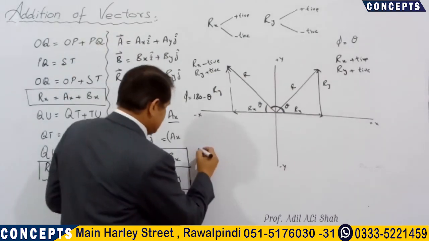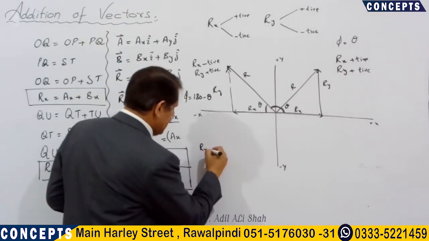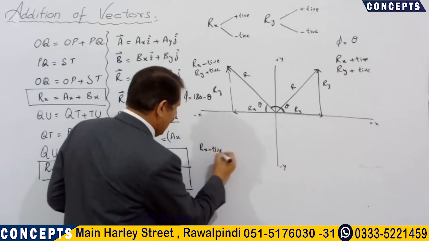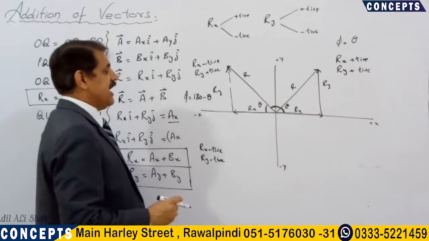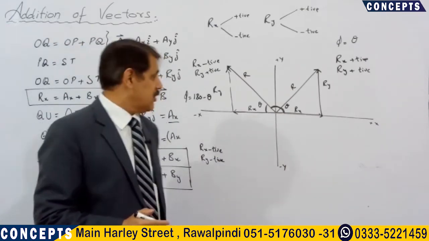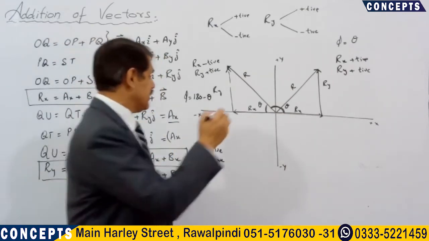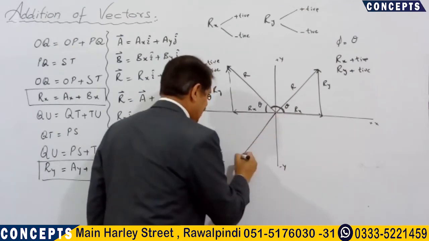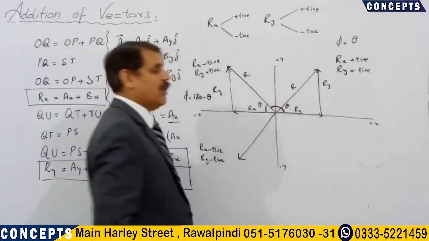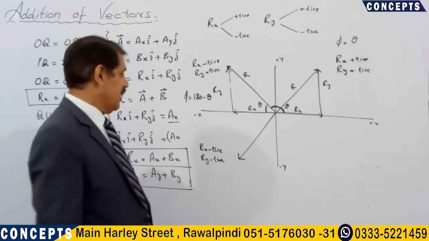If the situation is like this, Rx is negative and Ry is also negative, it means that your resultant vector lies within the third quadrant.